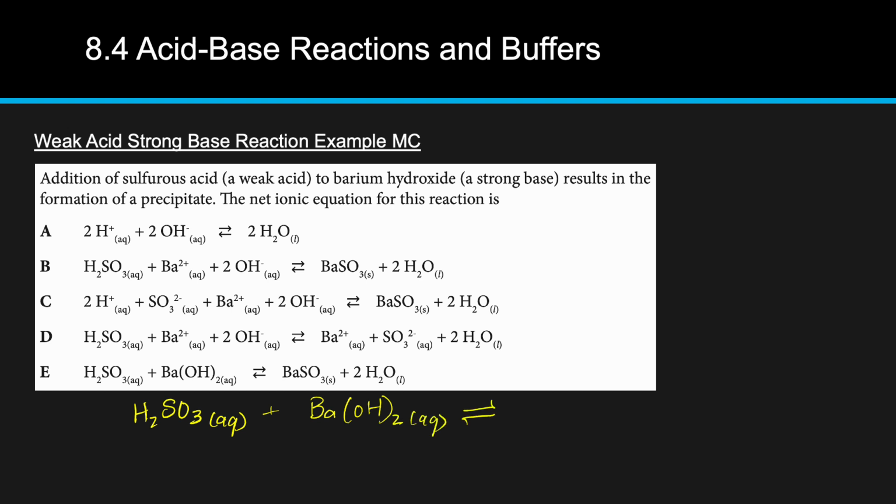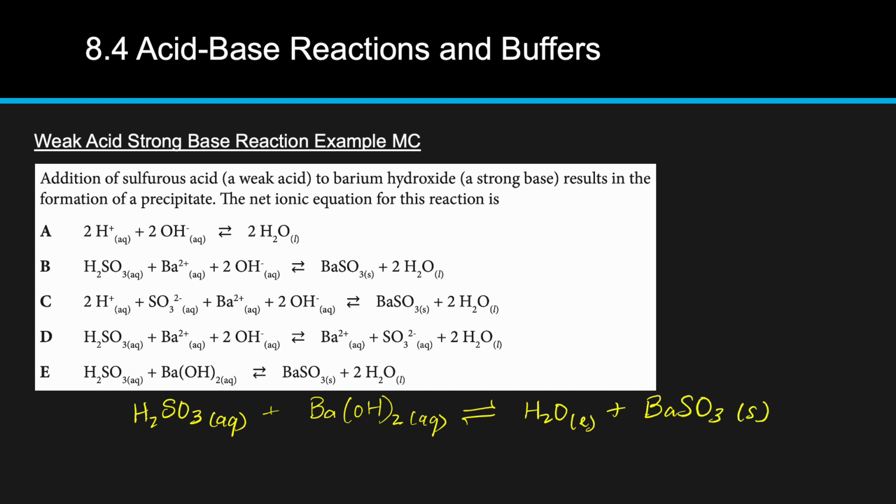And it says it forms a precipitate. So we have the hydrogen reacting with the hydroxide to form water. And then our precipitate is the solid, insoluble ionic compound between barium and sulfite. So they're both 2 charges, so BaSO3. That's going to be a solid.